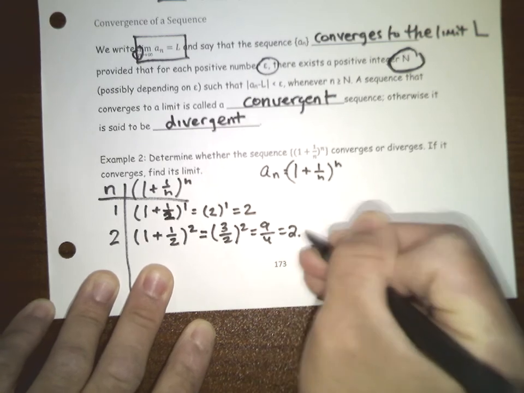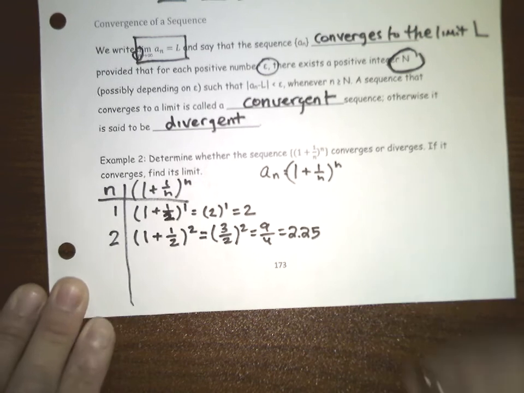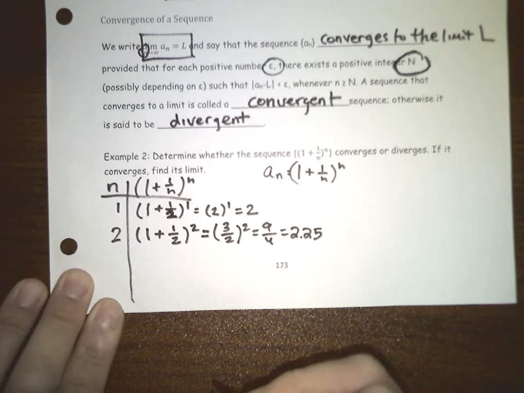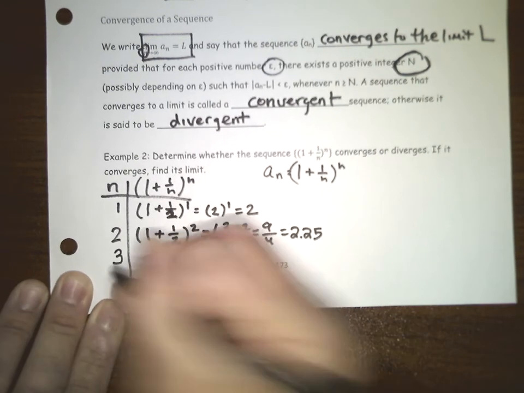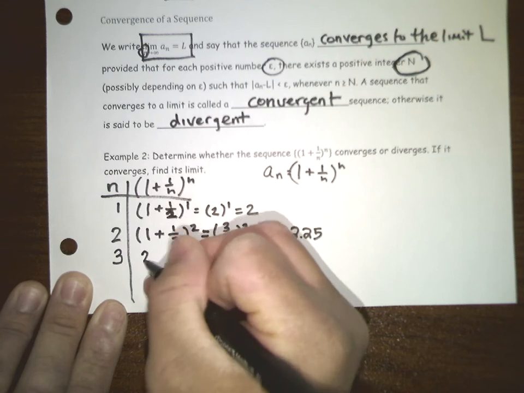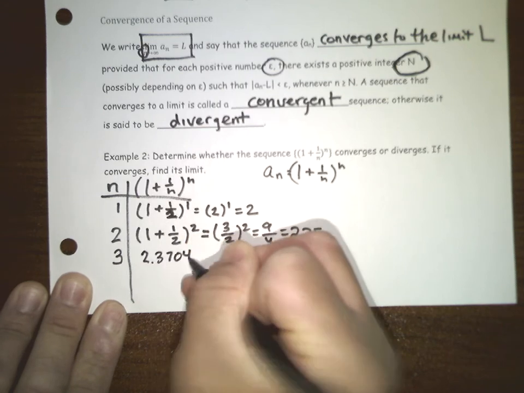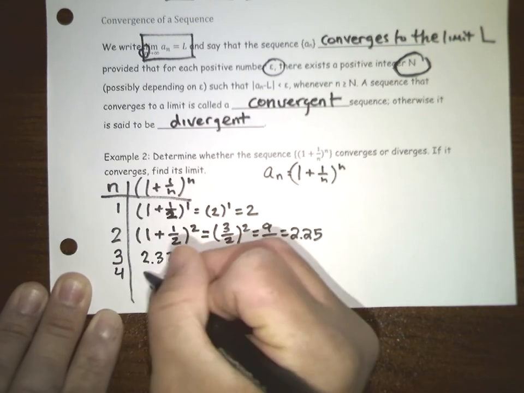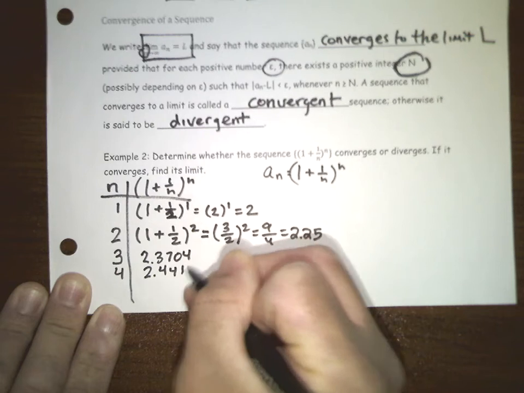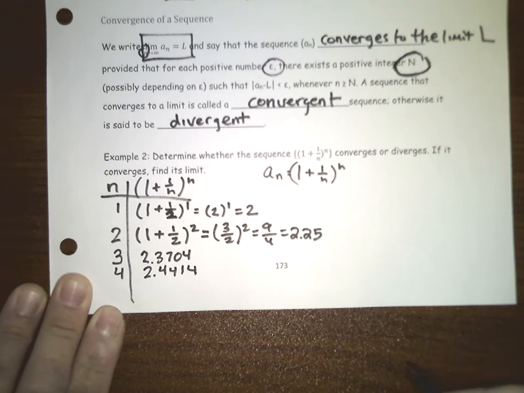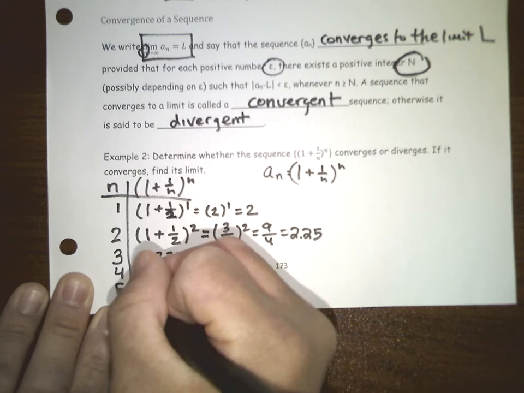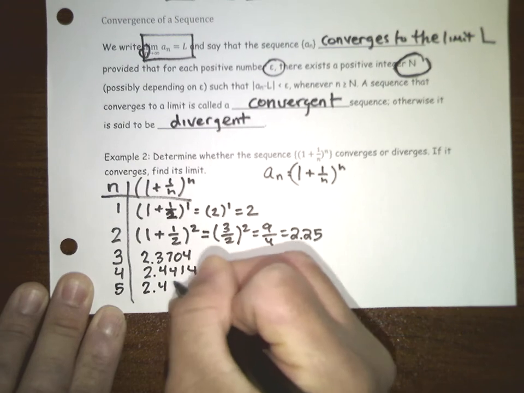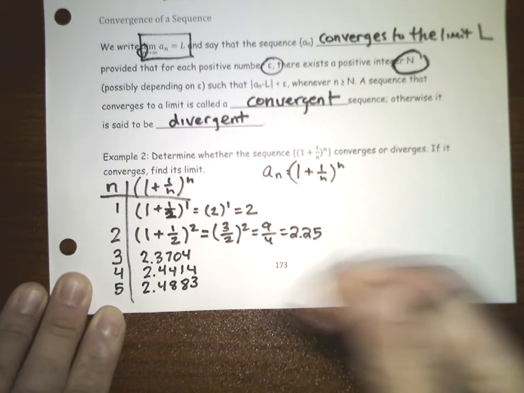So that's 2.25. And then I could keep on going: 3 gives 2.3704, 4 gives 2.4414. So it's definitely going up fairly slowly. 5 gives 2.4883.